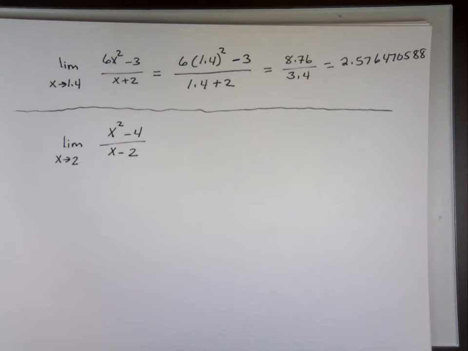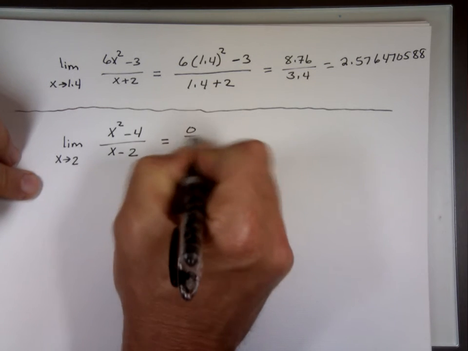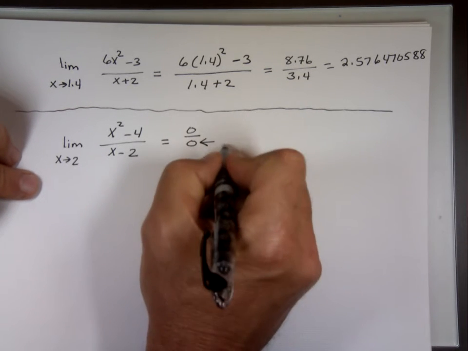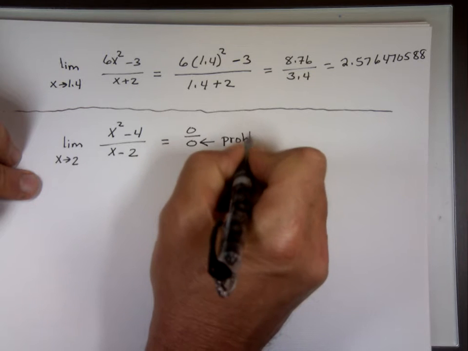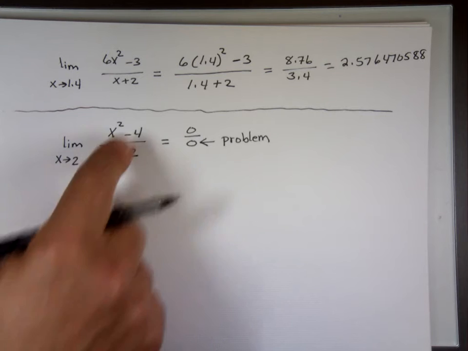Let's try that. If you try direct substitution first, you're going to have what? 0 over 0. I don't care about the top there, but anytime you have 0 on the bottom, that's always a problem. Undefined. So you can do direct substitution. You can go to the table if you want to, or you can try to simplify that.